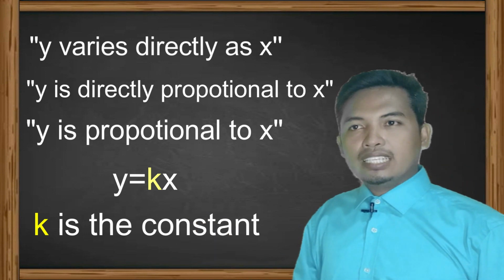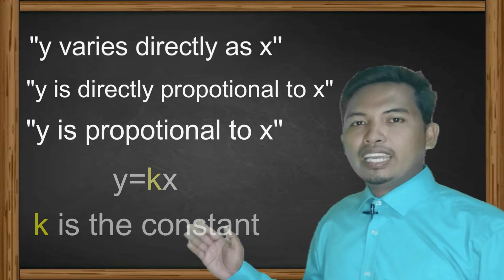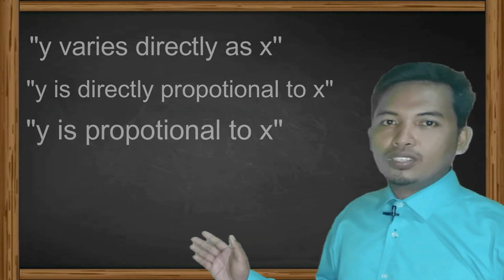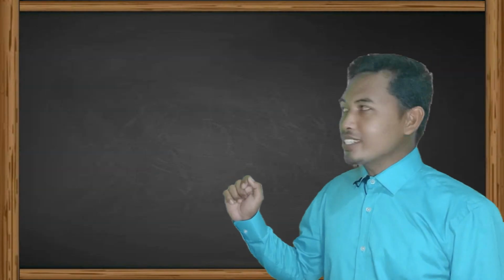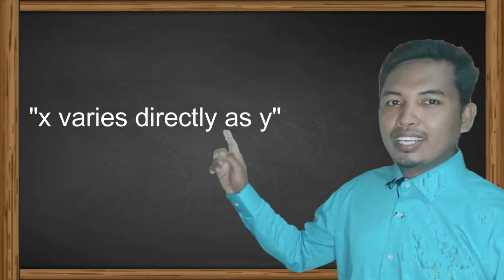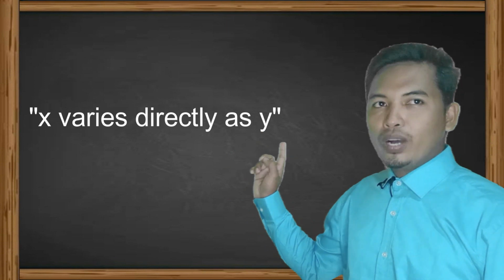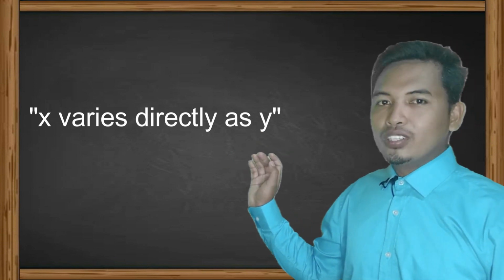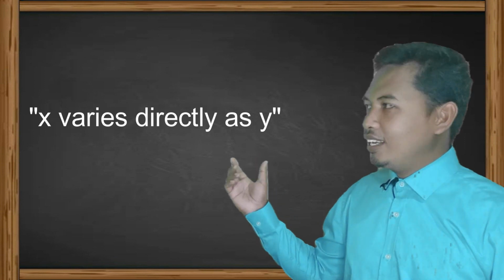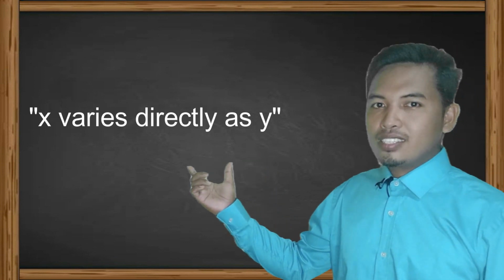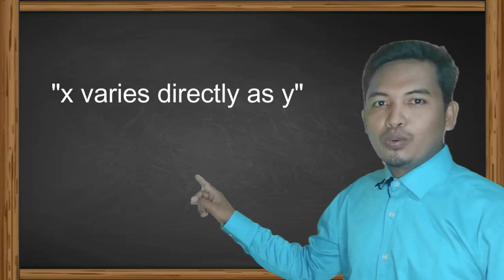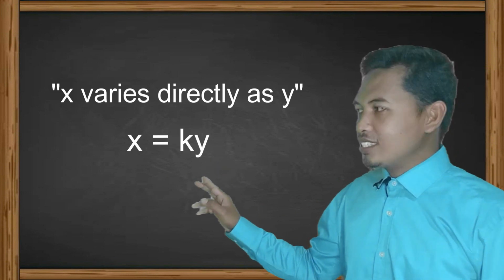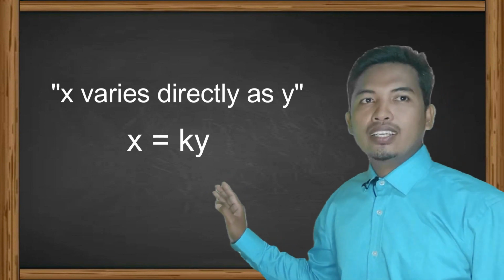Ano ibig sabihin ng constant? Siya yung hindi nababago dun sa may equation o sa variation. Let's say for example, this one, so we have x varies directly as y. So if we're going to rewrite this equation into mathematical sentence, so x equals k times y, or x equals ky.